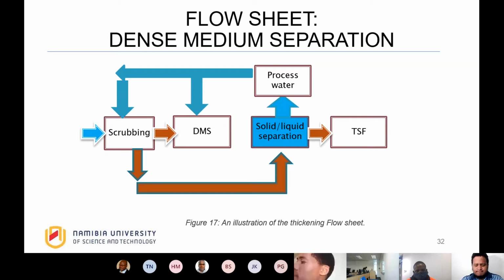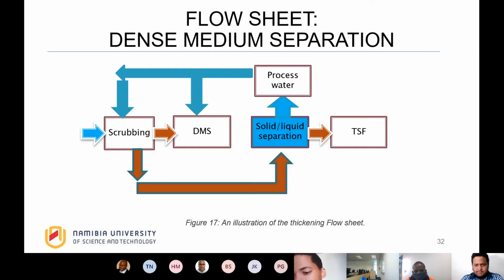We also have some fines that we can get from the DMS section. That is when we do de-sliming, and we also have to recover that water from the DMS section with those slimes that we get from the de-sliming cyclones.